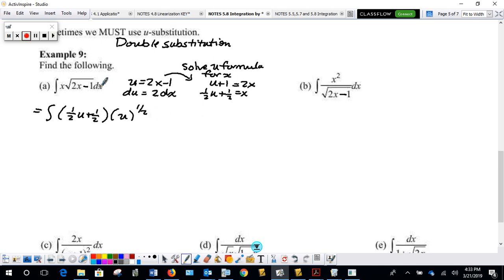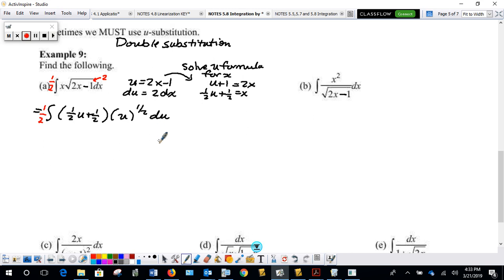And then the dx, I do need a corrector to add in because of this. So I'm going to squeeze it in right here. If I add a 2 here, I would add a 1/2 on the outside. So I bring the corrector down, and the 2 dx becomes du.